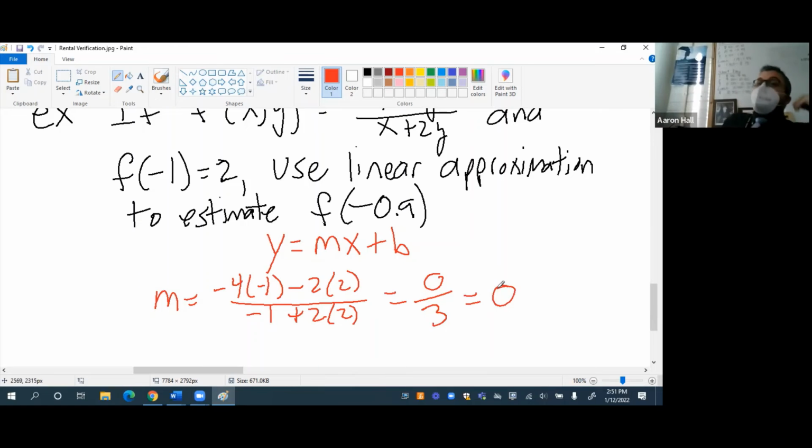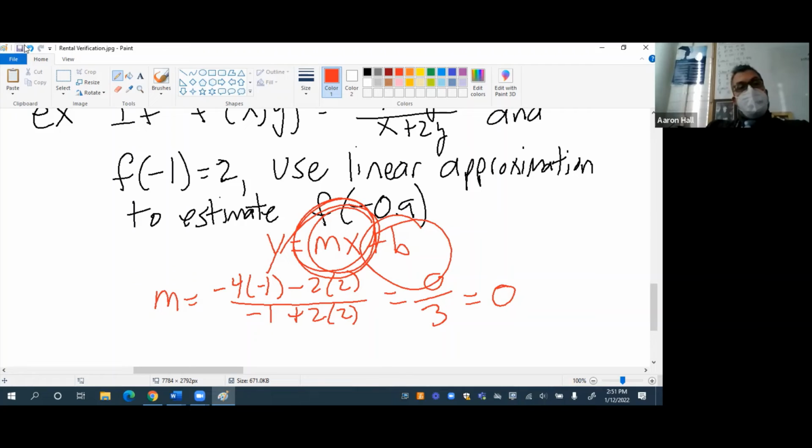I have a zero slope. What does a zero slope look like? It's just a horizontal line. So I just have a b value.